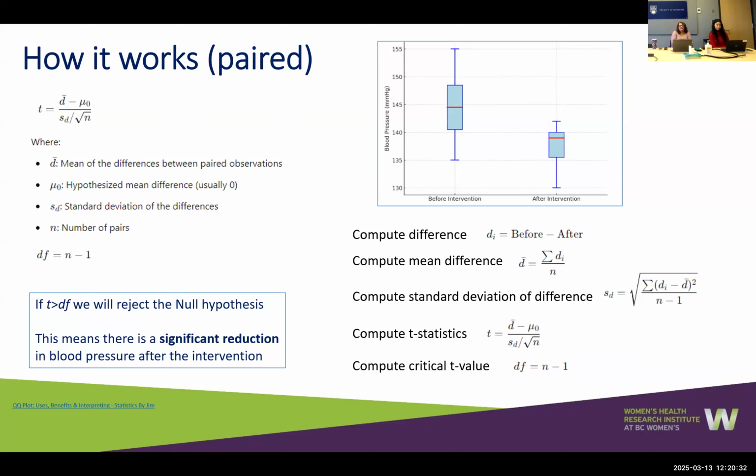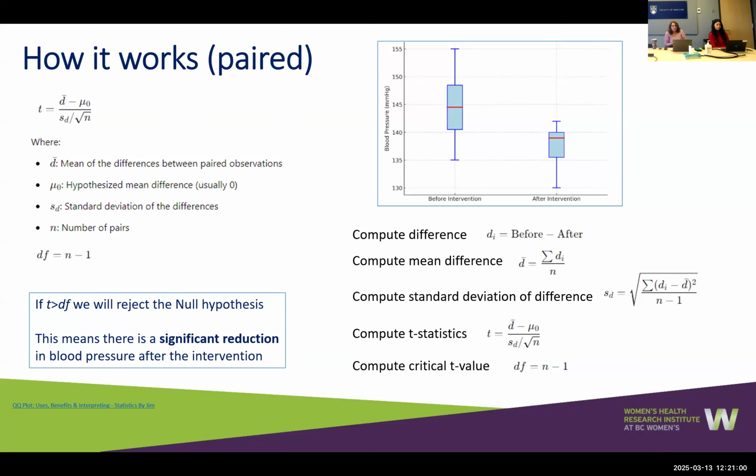On the left again, I put the formula for the t-test, where z hat is the mean of the differences between paired observations. Mu 0 is the hypothesized mean difference. It's usually 0 because we're checking if there is a difference or not. There is also the standard deviation and the number of pairs. And for the paired test, the degree of freedom will be n-1.